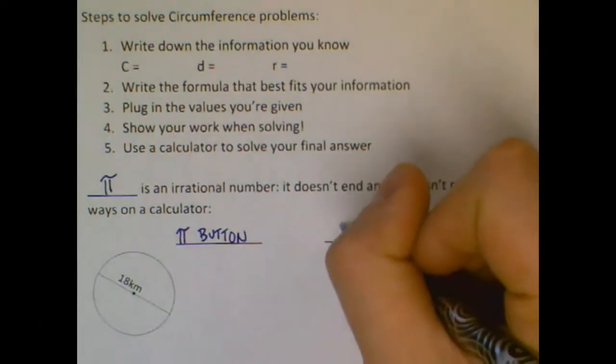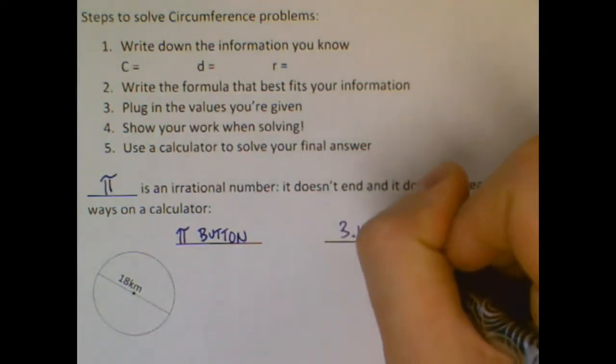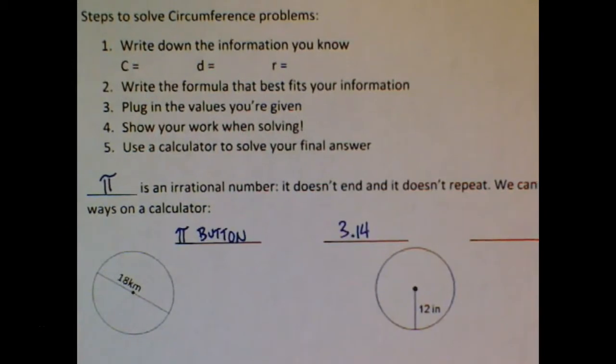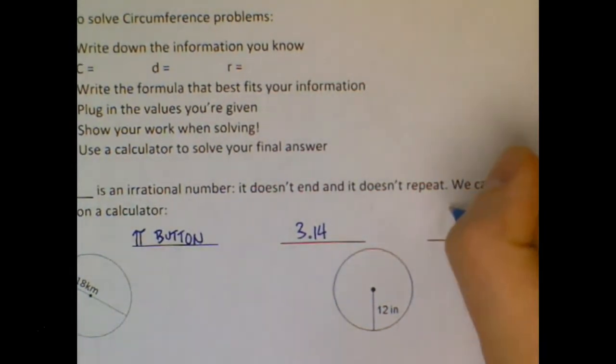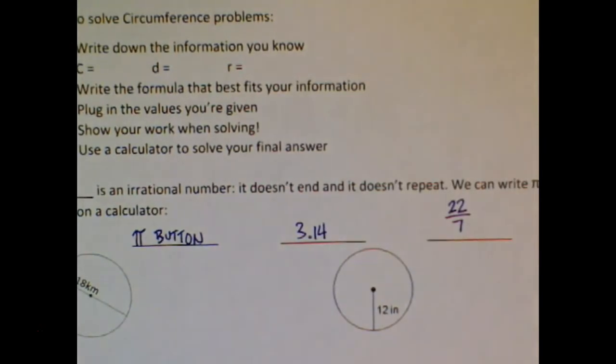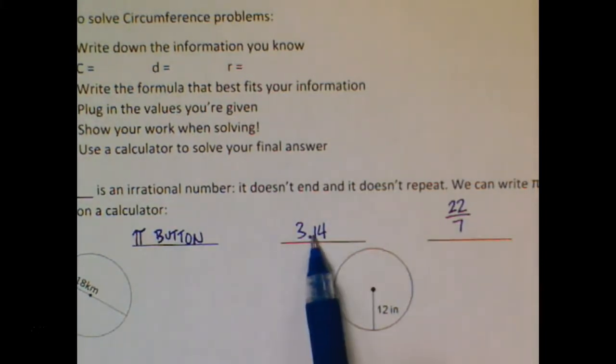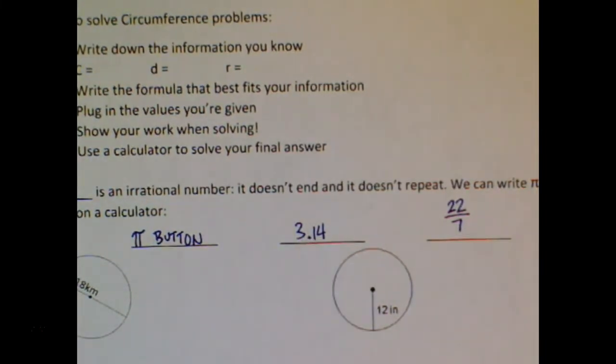What we will more likely use is we'll just round it to 3.14, even though that's not technically what pi is. That's just a way we round it to 2 decimal places. And the last one is as a fraction, we can use 22 over 7. For our purposes today in this lesson, we're going to use this middle one, 3.14, just to keep it nice, simple, easy, and rounded off.